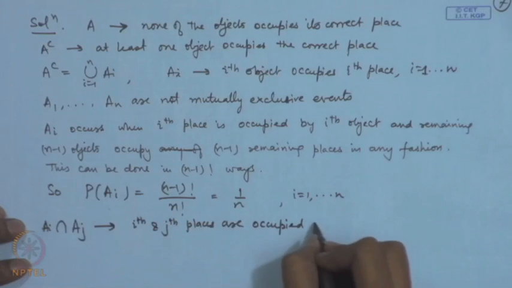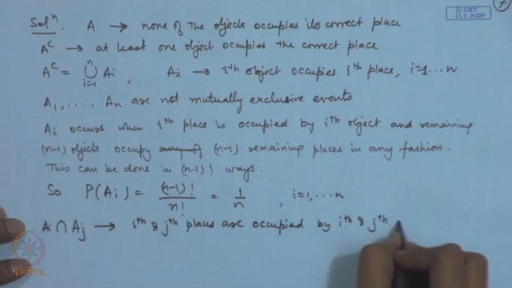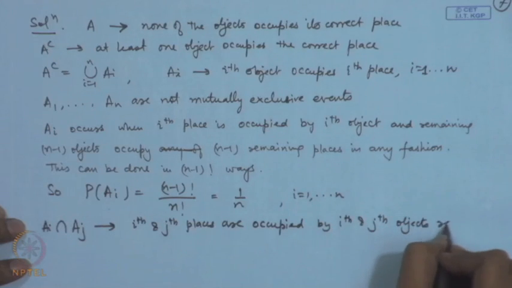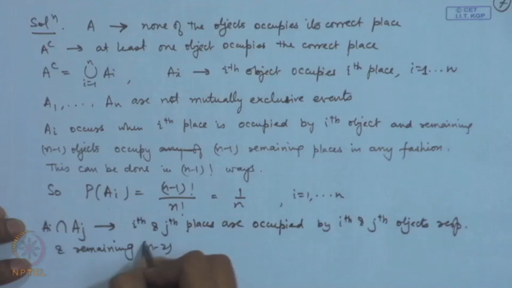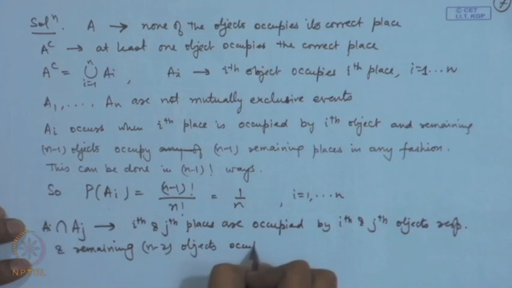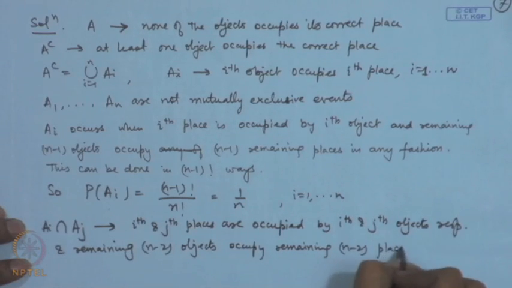Correctly means by ith and jth objects respectively, and remaining n minus 2 objects occupy remaining n minus 2 places in any order.